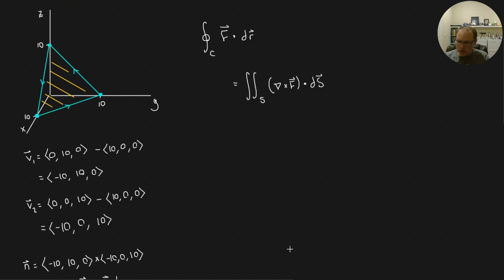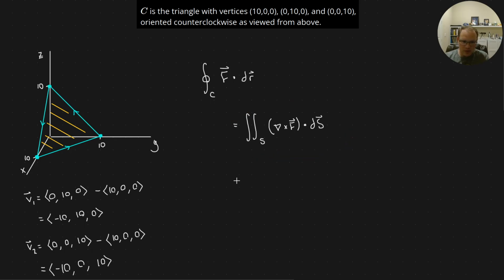So we know how to calculate this surface integral. We're going to parameterize it like we just did. I'm going to take the gradient of f, I'm sorry, the curl of f. I'm going to evaluate it on our parameterization.